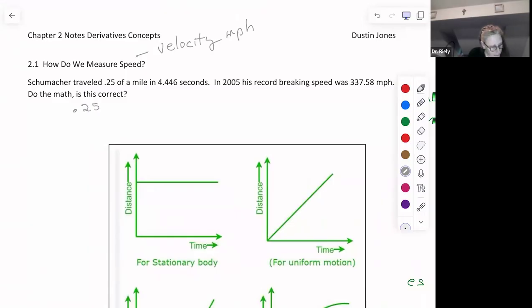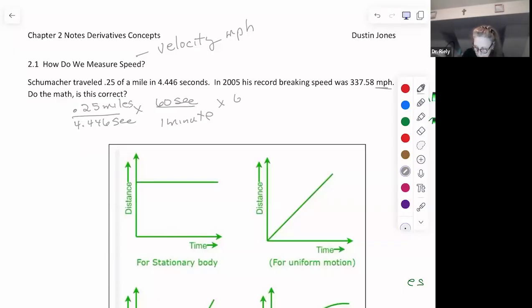So if this is miles and the time was 4.446 seconds, and you want to go to miles per hour, you're going to convert seconds initially into minutes. And I should say this is miles.